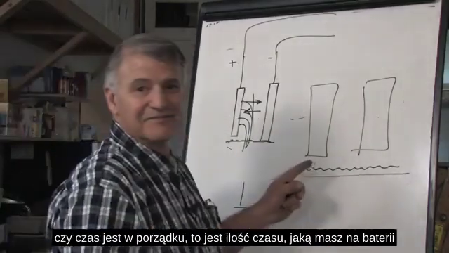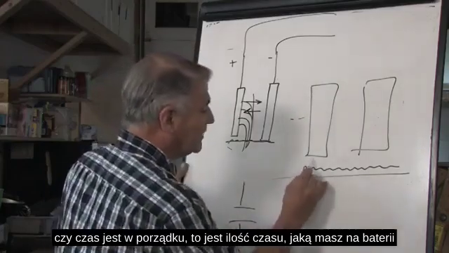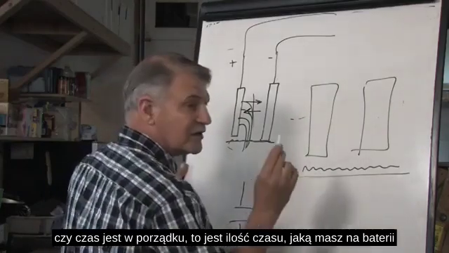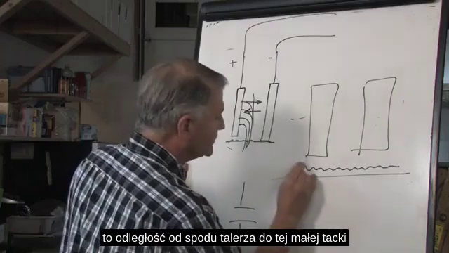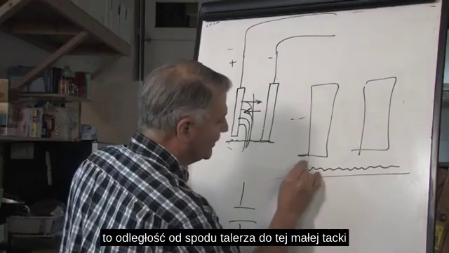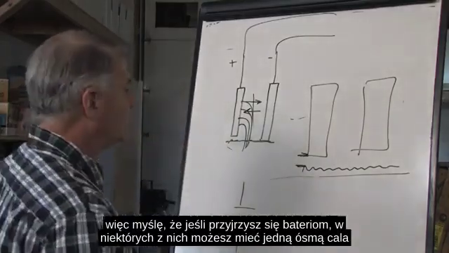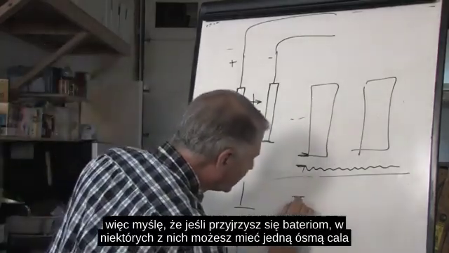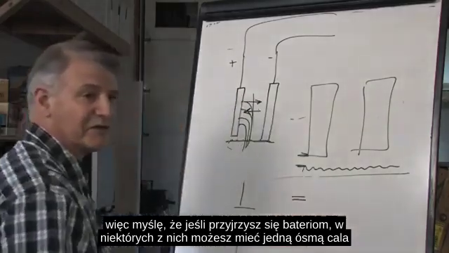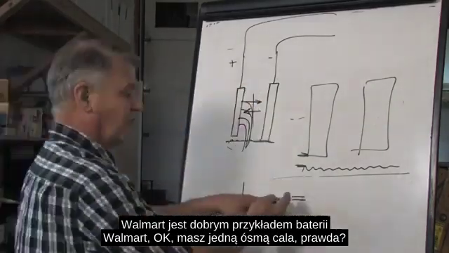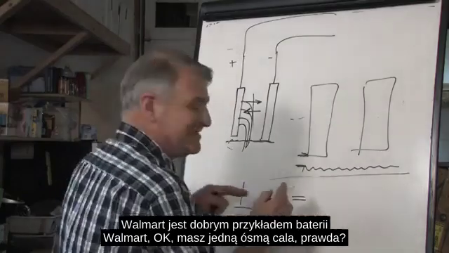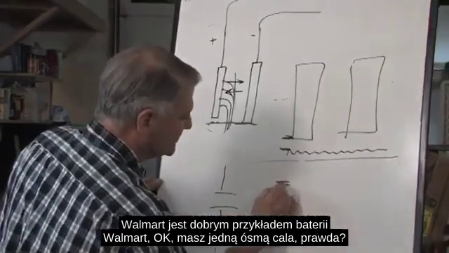This is the amount of time that you have life in the battery, the distance from the bottom of the plate to this little tray. I think if you look at the batteries, you might have 1/8 of an inch in some of them. Walmart's a good example of that. Walmart battery, you have 1/8 of an inch.